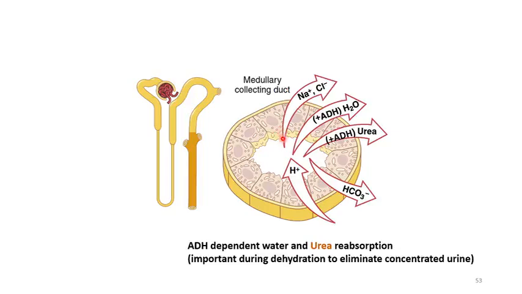This part regulates sodium chloride reabsorption and also pairs hydrogen ion secretion with bicarbonate reabsorption, regulates water reabsorption in an ADH dependent manner, and also a particular regulation that is specific for this part is the ADH dependent regulation of urea reabsorption at the last part of the nephron.